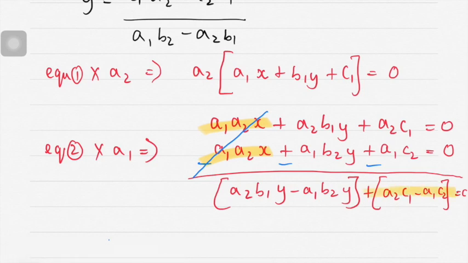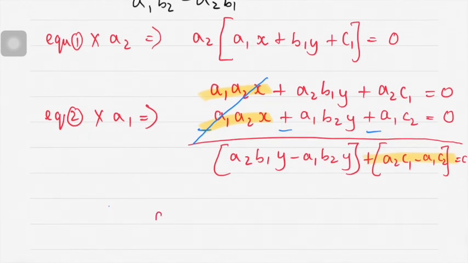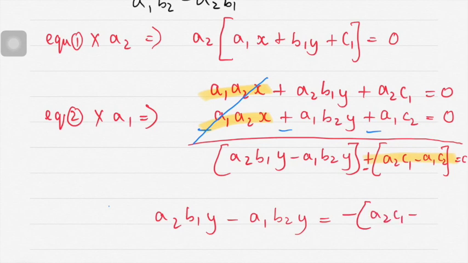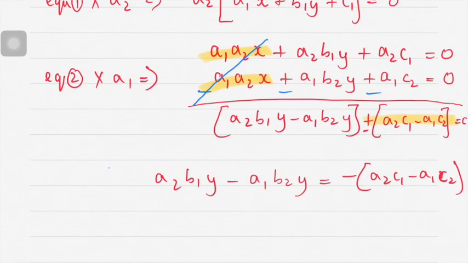Now I will bring this on the other side. In the next step, a2b1y minus a1b2y is equal to, when I take the whole bracket on the other side, the plus sign becomes minus: minus a2c1 minus a1c2.